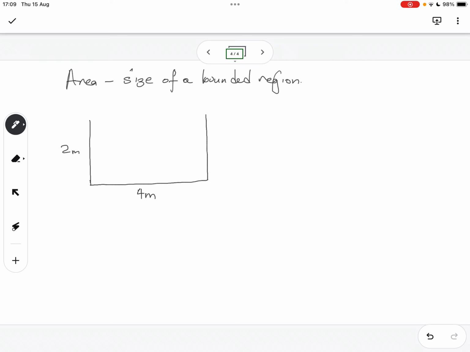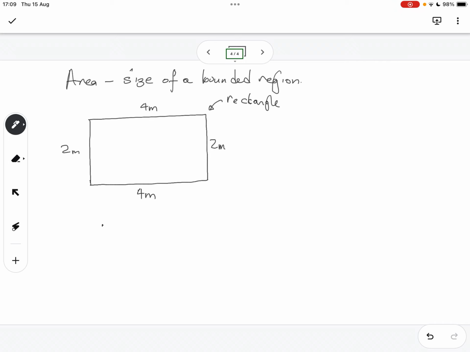Going up, that is also another 2 meters. And then we close the shape to have a geometric shape, a rectangle, right? Now that length is 4 meters. So this is a rectangle. It's closed because there's no space between the corners. If it was an open shape like that, it's not a geometric figure. It's just a series of line segments.